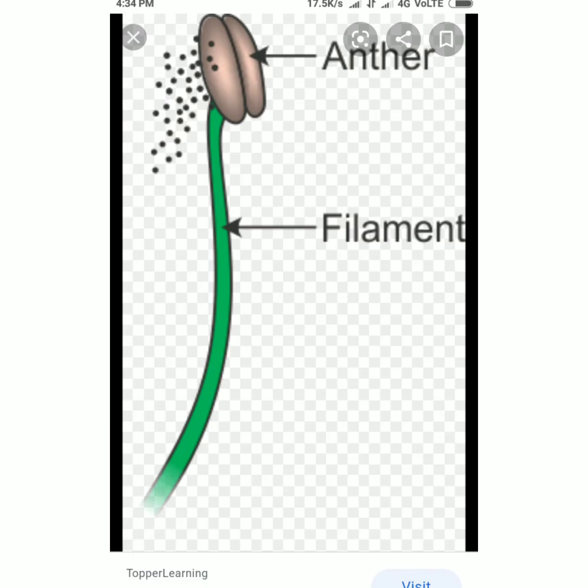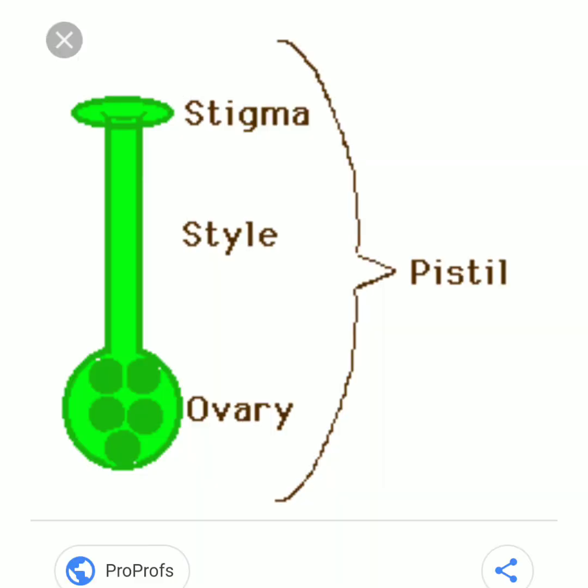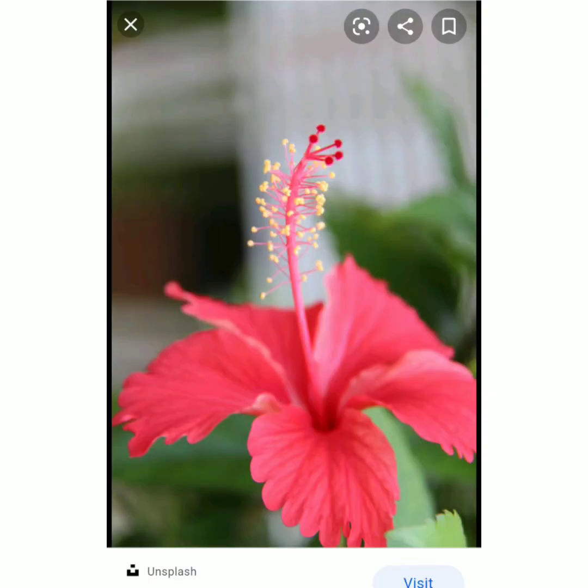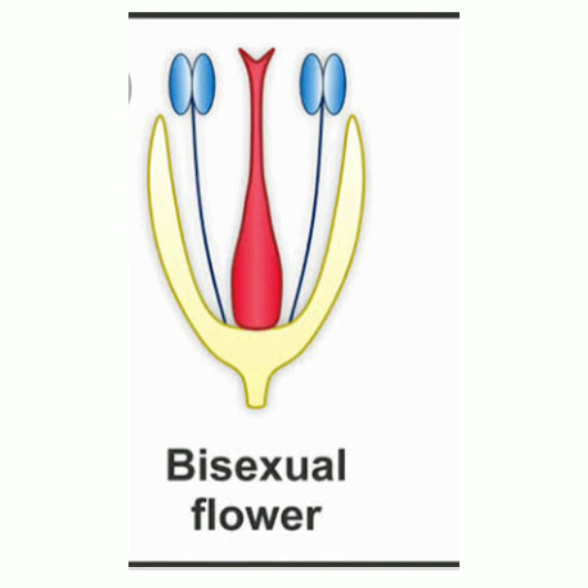So flowers having both the male and female reproductive parts are called bisexual flowers.